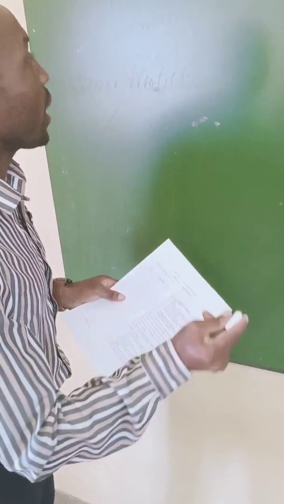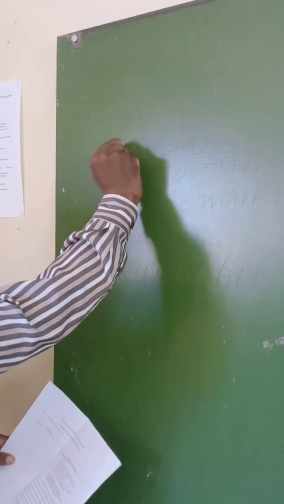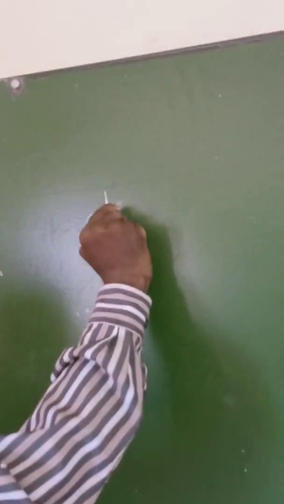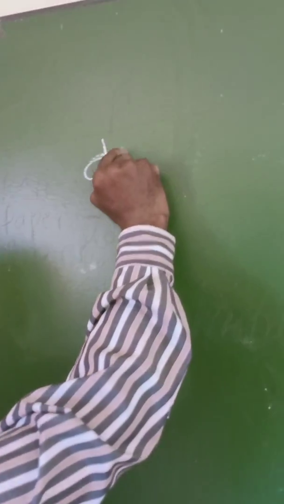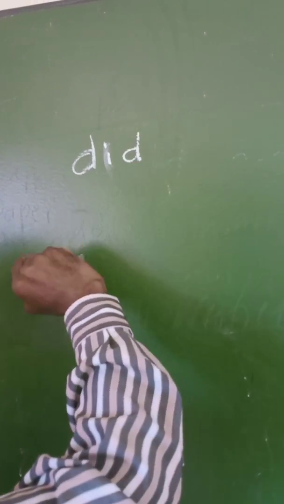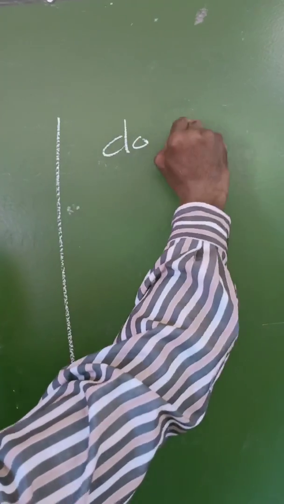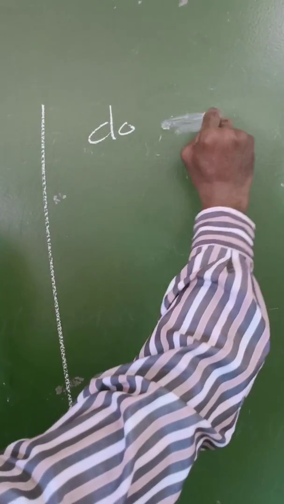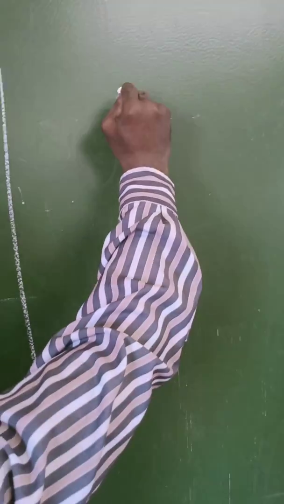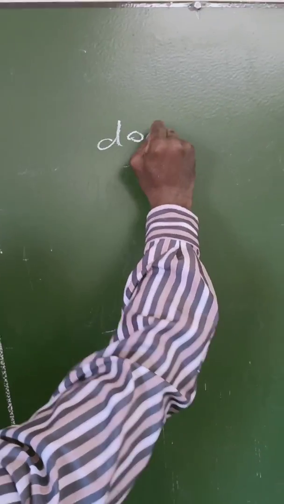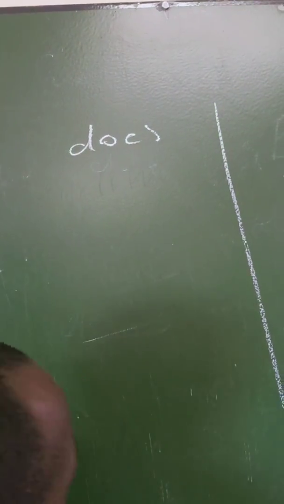I'm going to discuss how you use did to ask a question. How do you use do to ask a question? And how do you use does to ask a question?